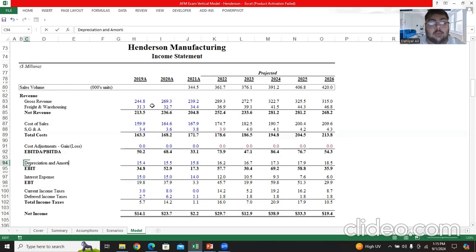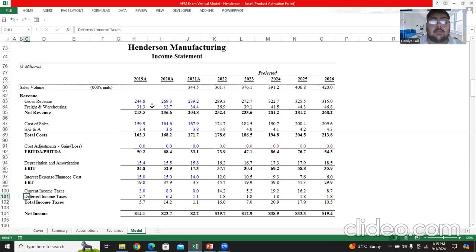I can type for you and show you similar things. Depreciation and amortization are deducted to get your EBIT. You get your interest or finance cost. You get EBT, or profit before tax.